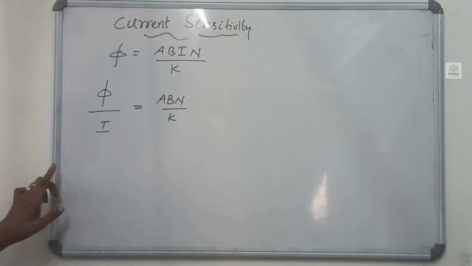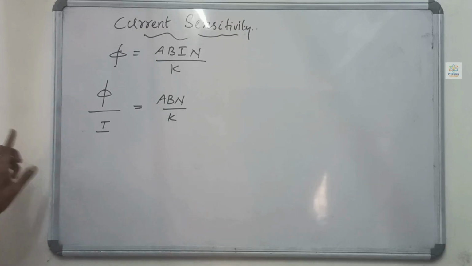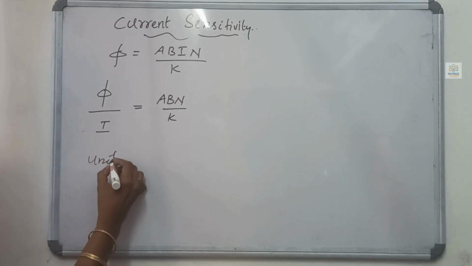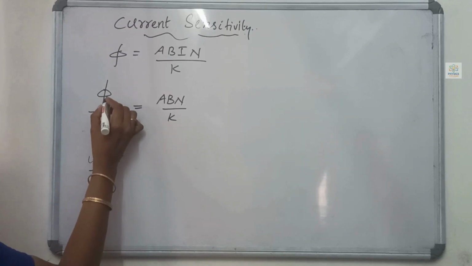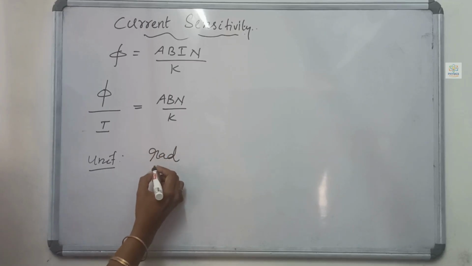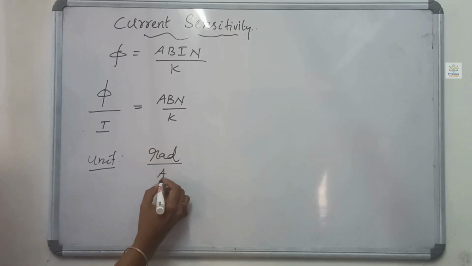So current sensitivity can be increased by increasing the area of cross section, increasing the strength of magnetic field, increasing the number of turns. At the same time, we have to decrease the restoring torque per unit twist. The unit of current sensitivity: the unit of phi, that is deflection, is radian, and current, the unit is ampere.